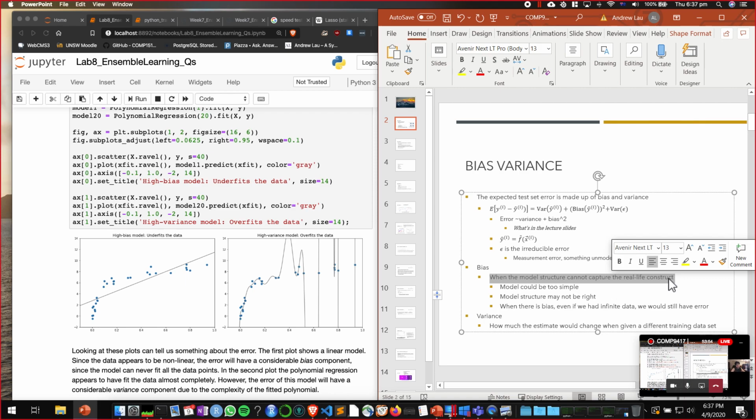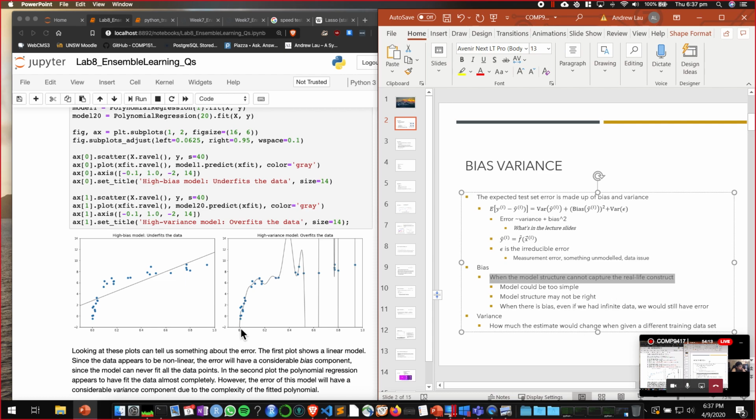It could come from a variety of reasons, but it could be that the model is too simple. In this case here, the bias is caused by the model being too simple, right? In your linear regression, you've treated this as linear, whereas maybe you could have done it as a polynomial, maybe some sort of square root.